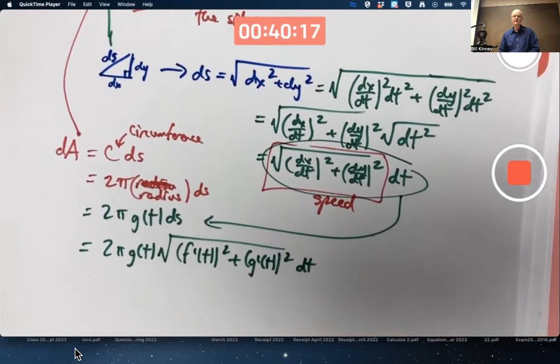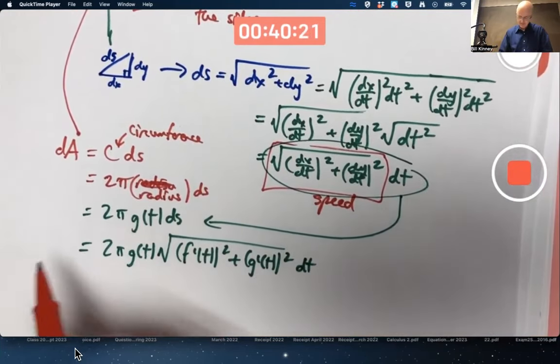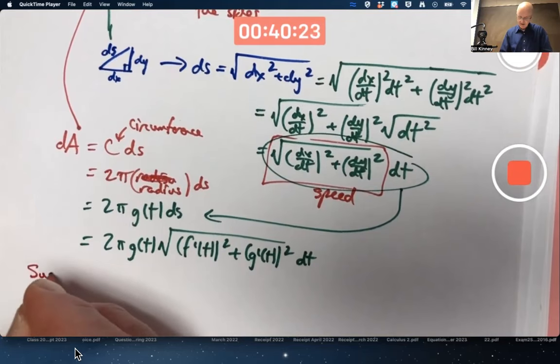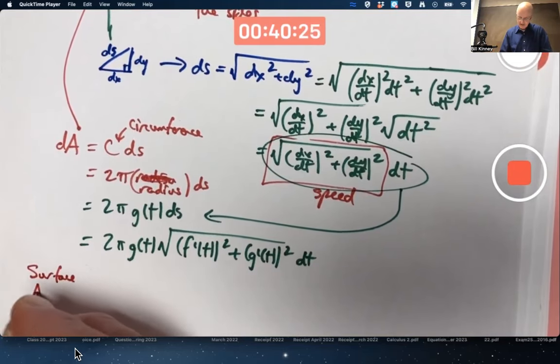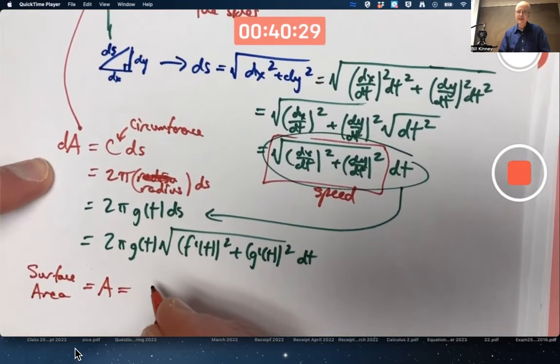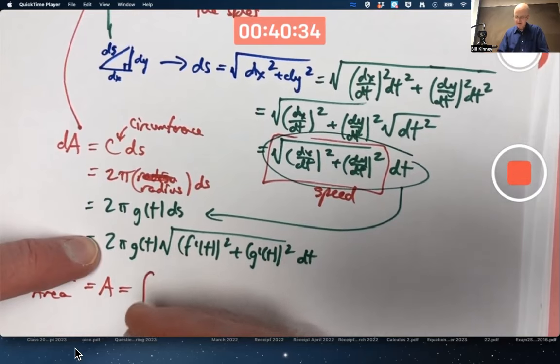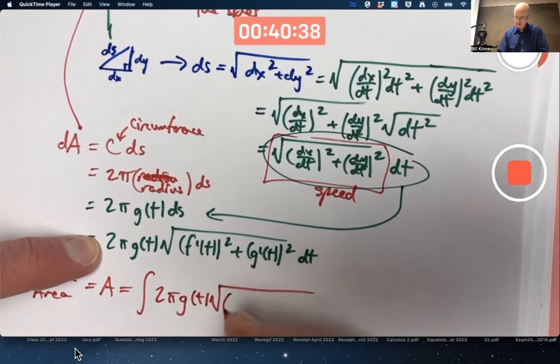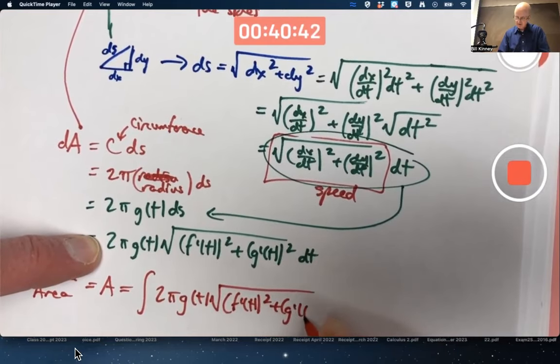And then the total surface is found by integration. So total surface area A is found by adding up the dAs, integrating them, which means ultimately integrate this thing: 2 pi g of t square root of f prime of t squared plus g prime of t squared.